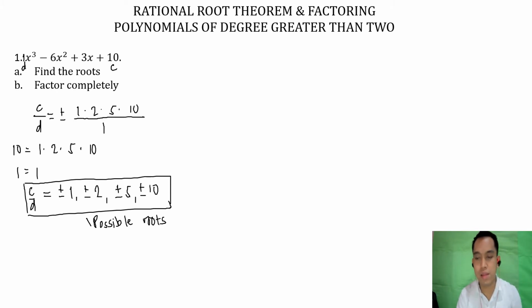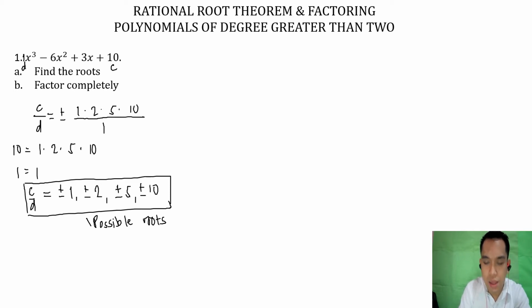Okay, so to determine the real root of our polynomial, we can apply the remainder theorem or the synthetic division. Here, let's apply synthetic division. So in number 1, let's use negative 1.